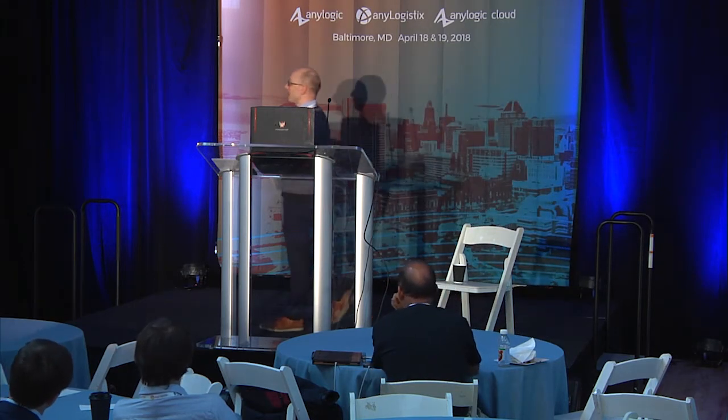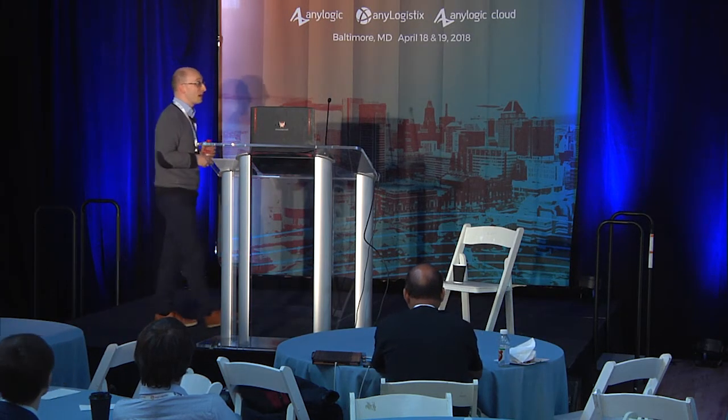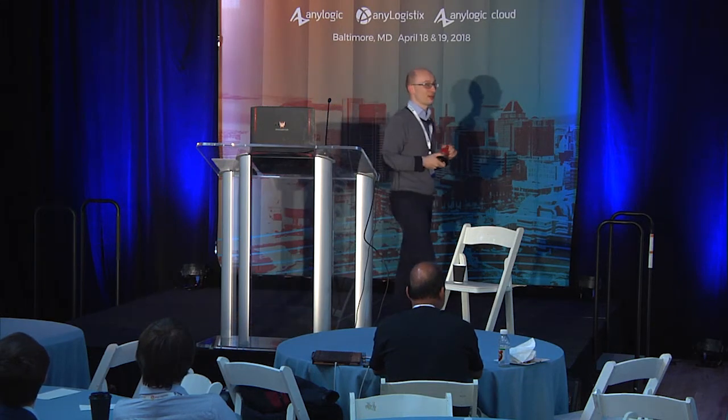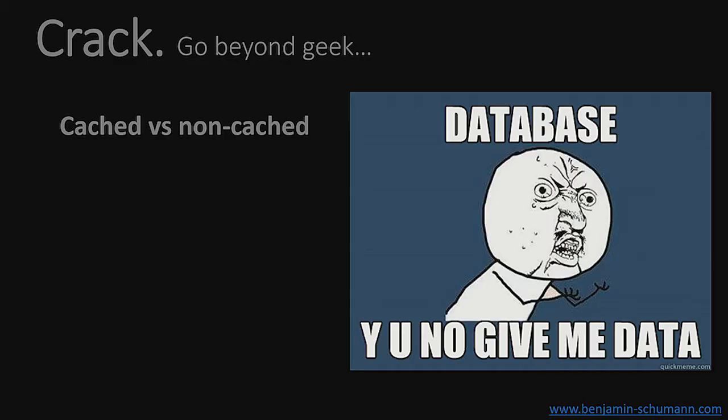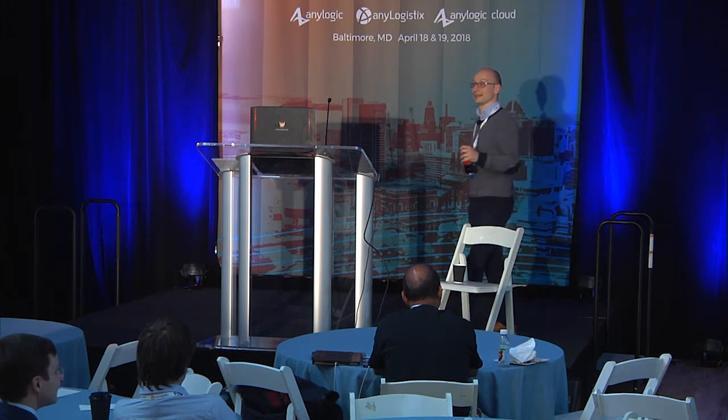Maybe it was just me, I didn't have much knowledge about databases when AnyLogic introduced it, but there's one caveat that you need to be aware of, and that's cached versus non-cached database values. By default, when you query the database, it gives you the cached data to be faster. So when the model starts, it caches everything, and then when you query something, it gives you that cached data.